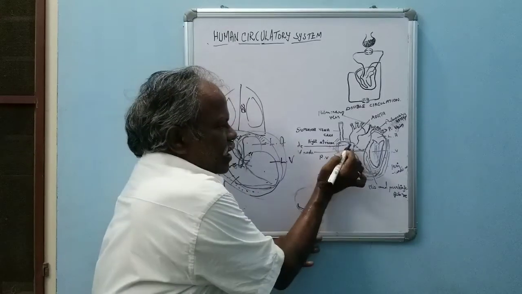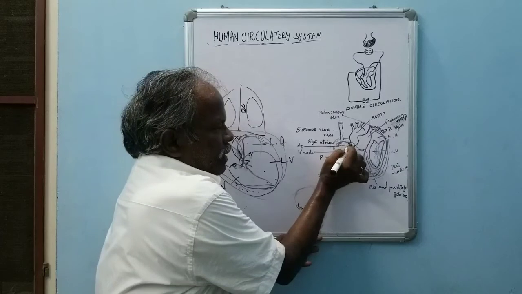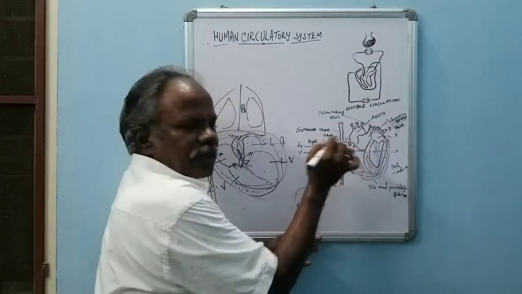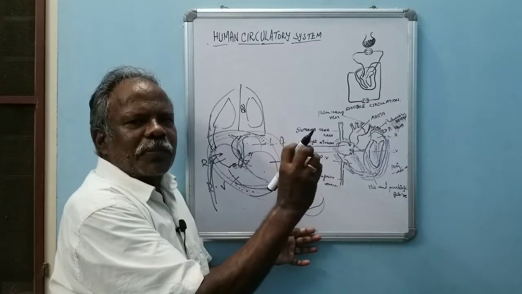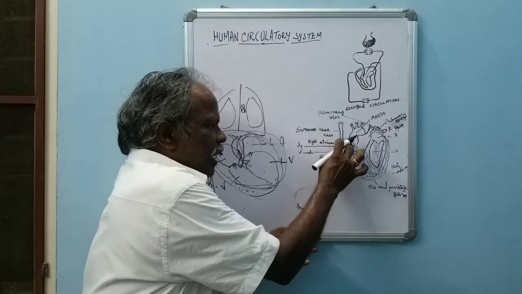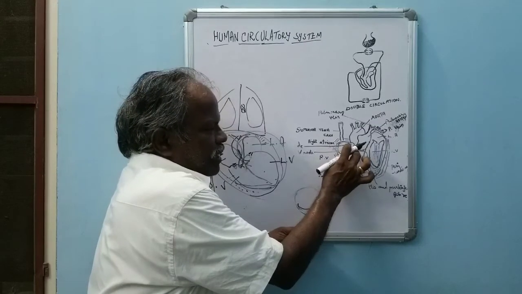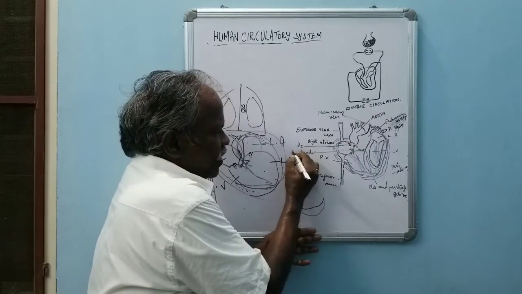The sino-auricular node is found in the corner of the right auricle. This is nothing but a muscular patch, that is the SA node, and in the left bottom corner there is another muscular patch known as the SV node.